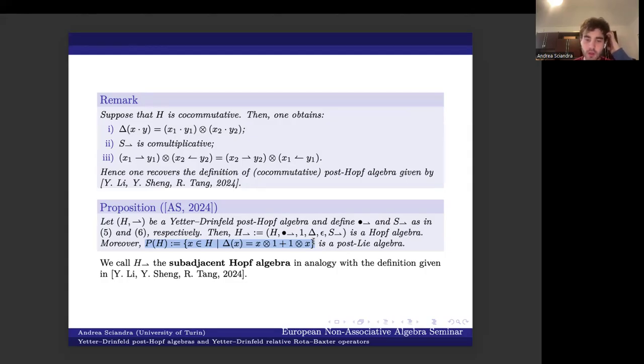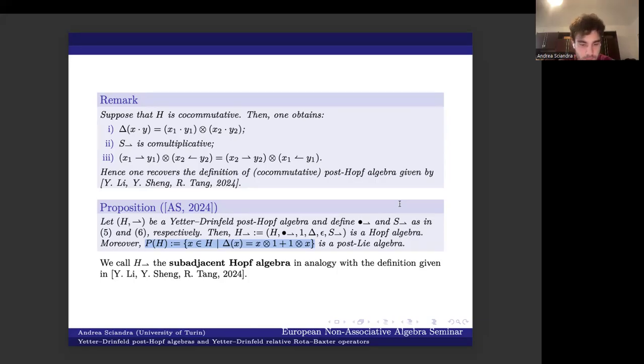Yeah, if we are able to define something similar for Drinfeld post-Hopf, let's say, again without assuming cocommutativity. Well, maybe you already have it because you work in the Drinfeld setting, so you already have two products. Yeah, the big dot and the small dot, if I remember correctly. Yeah. So maybe that's the point with cocommutativity. Maybe. Thank you for the comment.